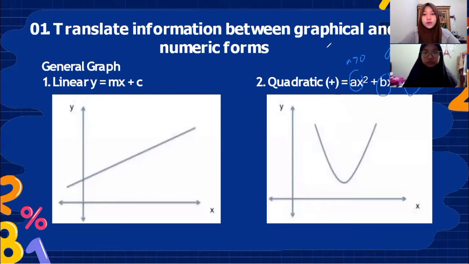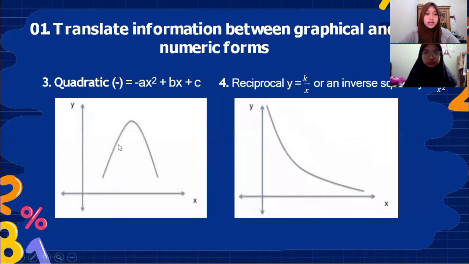The next form of quadratic is the negative quadratic. Here we can see that the difference is that the value of a is negative, which means less than 0.